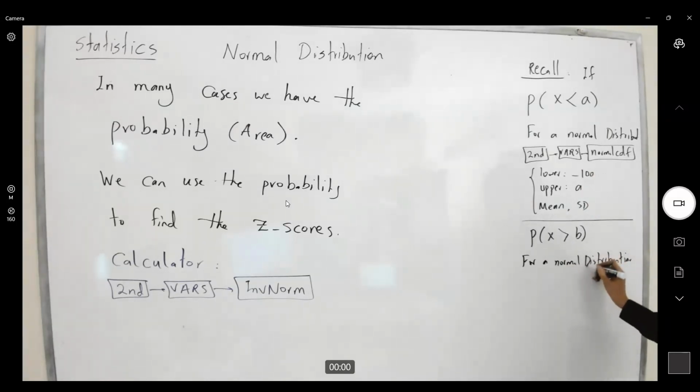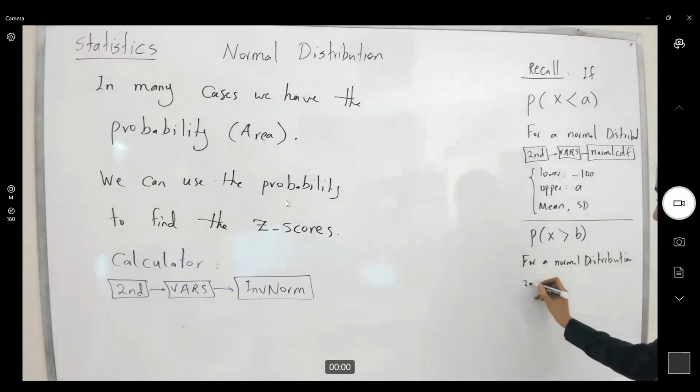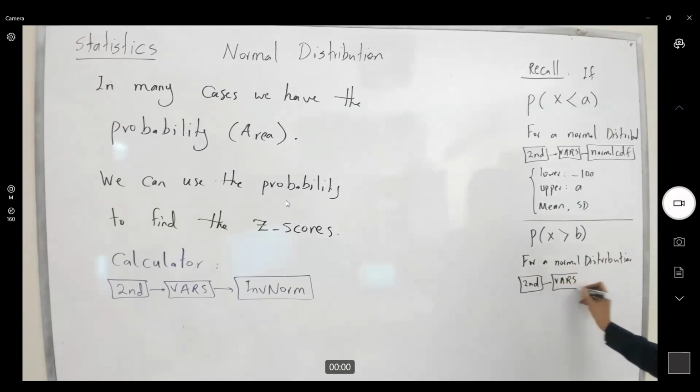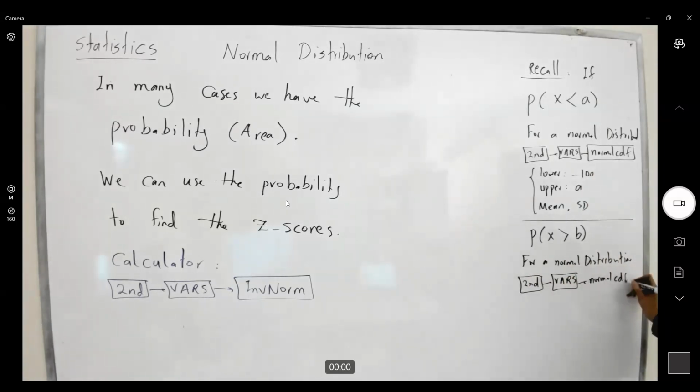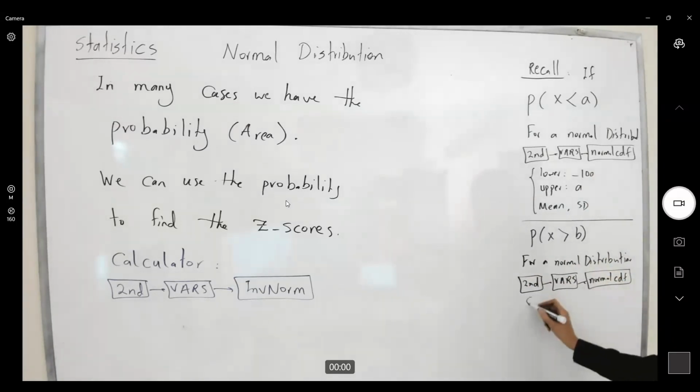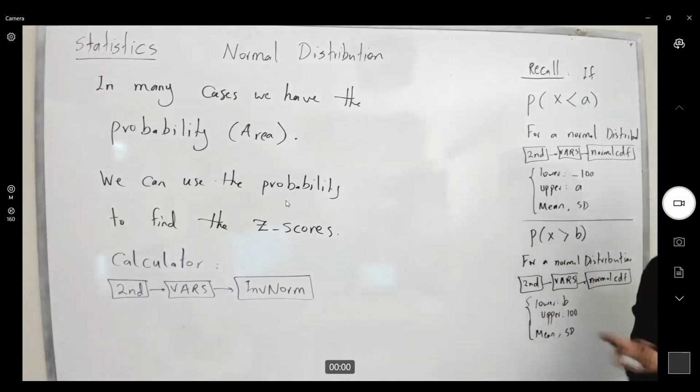We go to second, vars, normal CDF, and your lower limit is B. Your upper limit is a large number, like 100 or 1,000, then the mean and standard deviation. In between is in between: you have your lower limit and your upper limit.